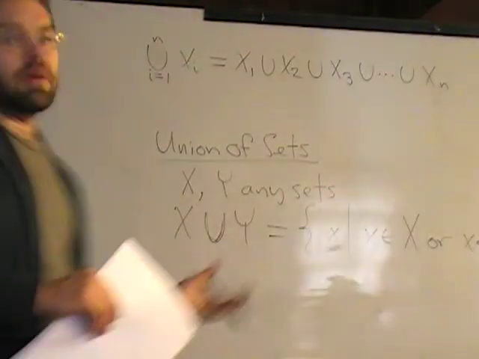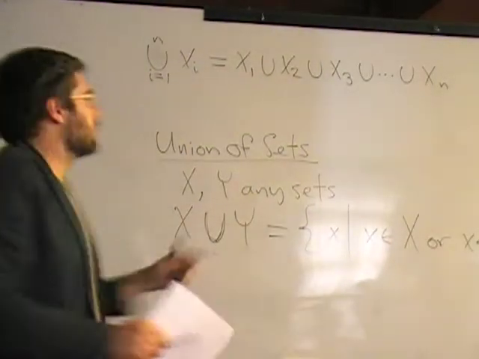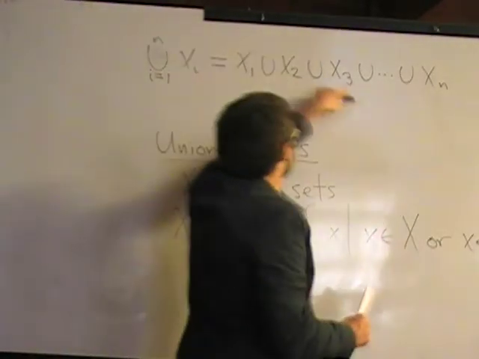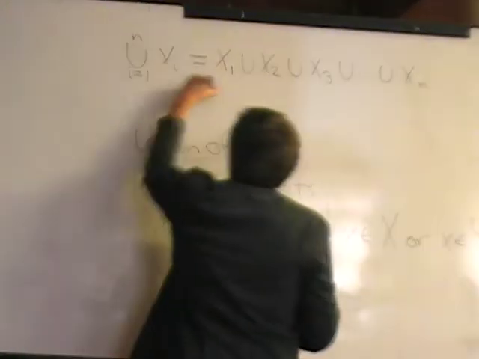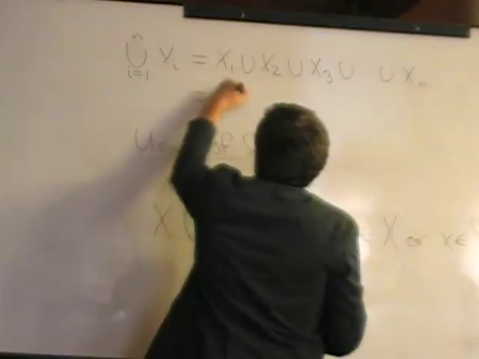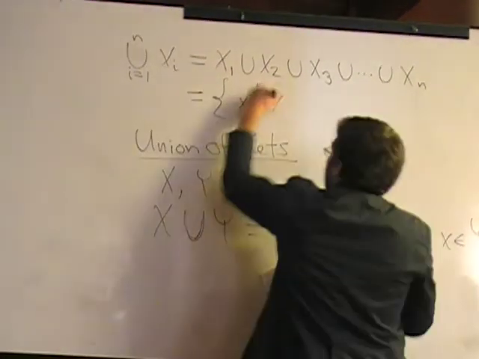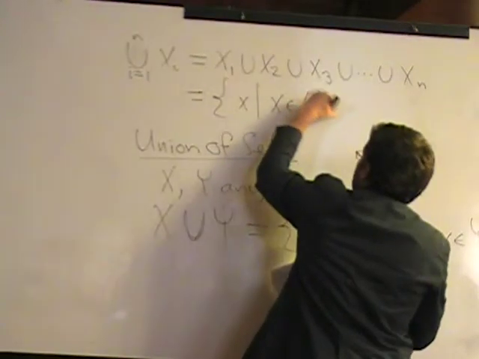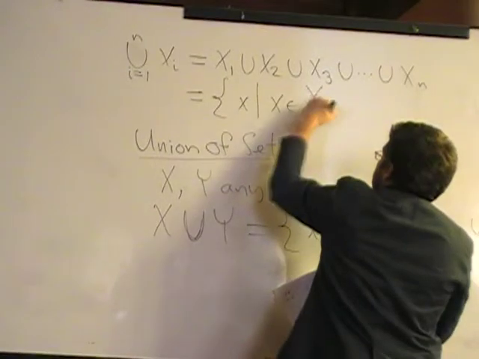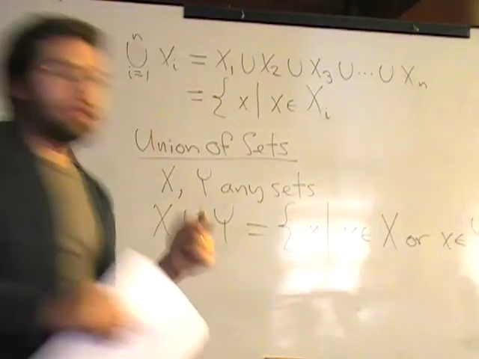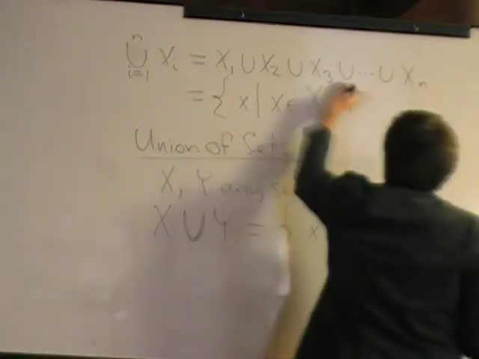Now there's something to think about, the fact that it's the order in which you apply this operation. If you take the union of these two first and then this, or these two first and then this, it doesn't matter. But in fact, what you arrive at is simply what? The set of all things x, such that x is an element of the set, the big X. And the key logical word here is for some, just like in the example with going outside when it rains.